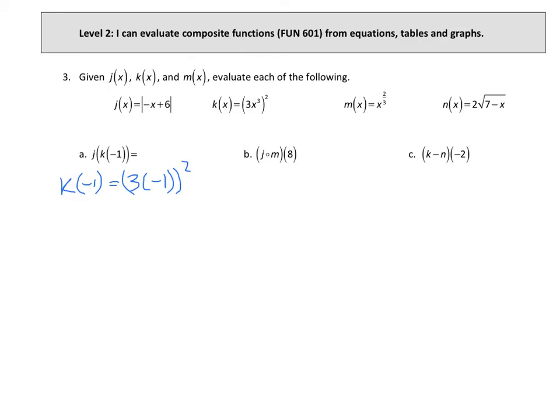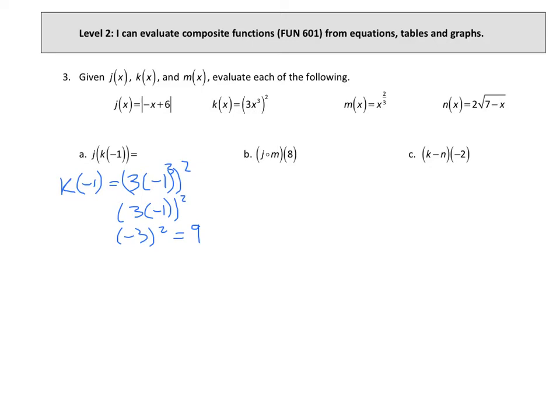Following order of operations, first I would do my exponent inside the parentheses. So -1 to the third is -1. So we get 3 times -1, which is then squared. 3 times -1 is -3, and -3 squared is +9. So k of -1 is +9.